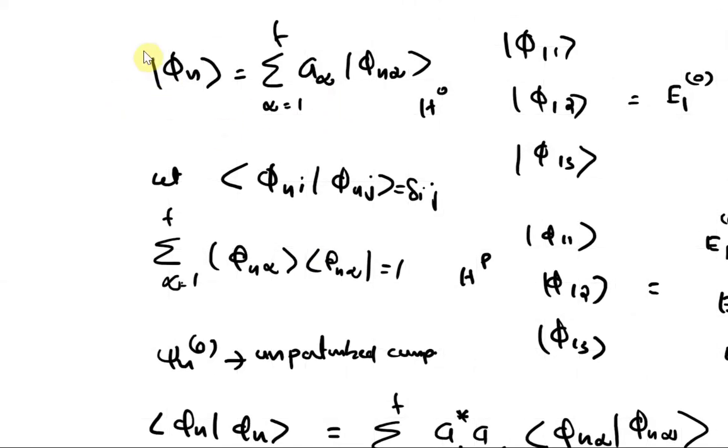So see, to calculate the degenerate state, if you want to find out the coefficients of this degenerate state, you need to have your first order energy correction. Without that, you cannot calculate this a alpha.